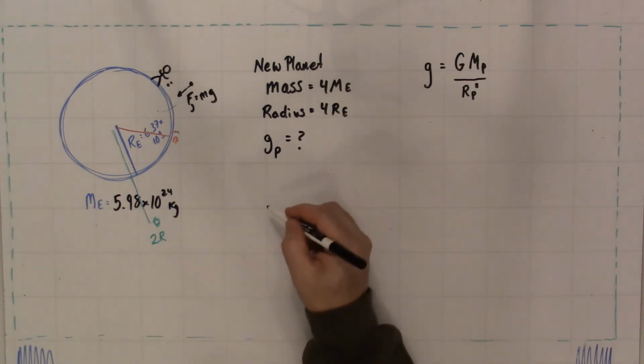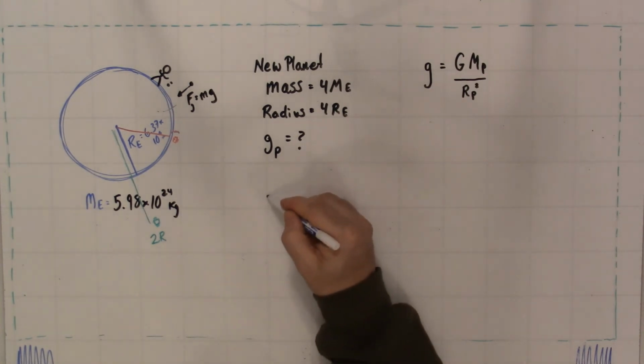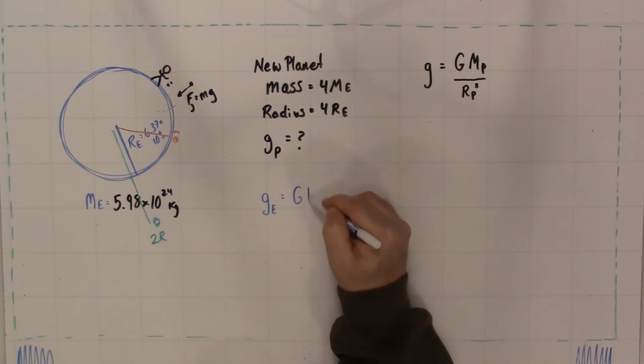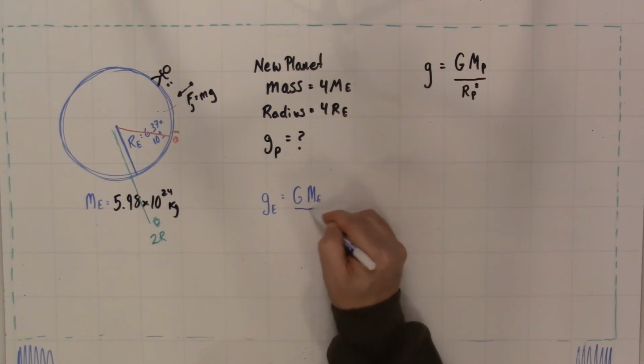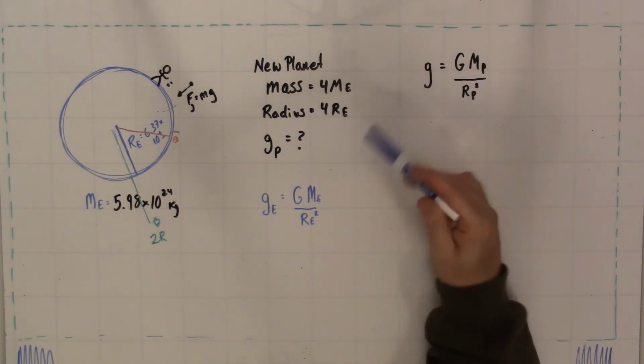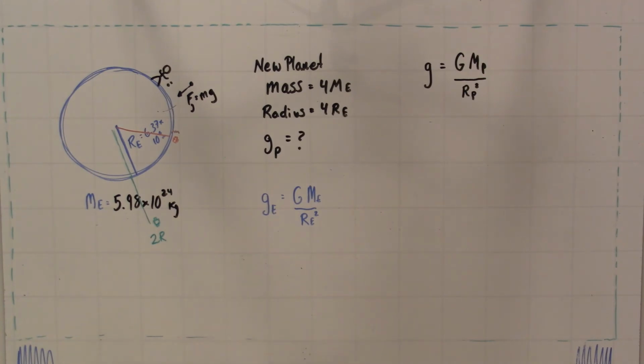Now, what do we know on Earth? On Earth, it's equal to big G times the mass of the Earth divided by the radius of the Earth squared. So can I substitute some of these into here and help us figure out what the situation is?